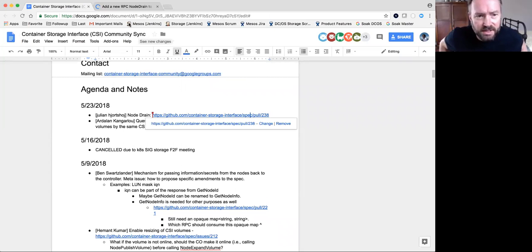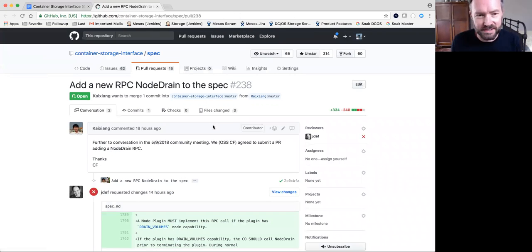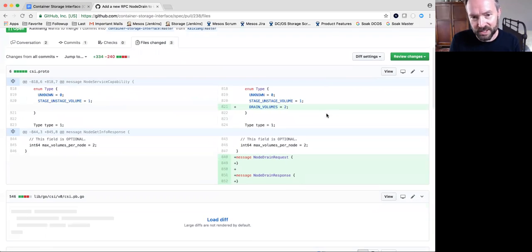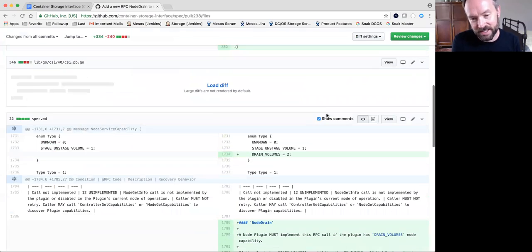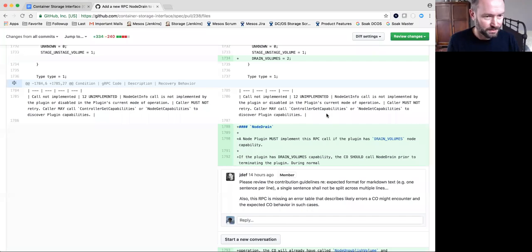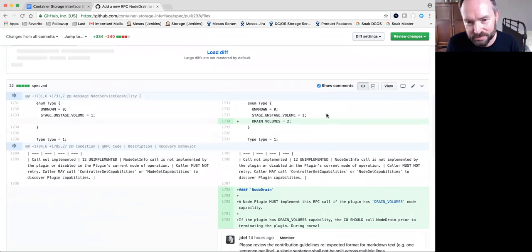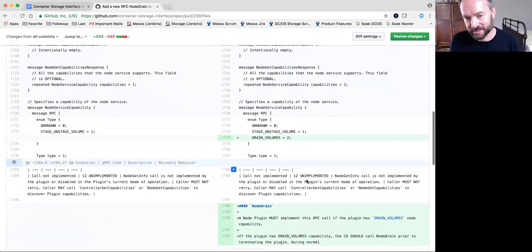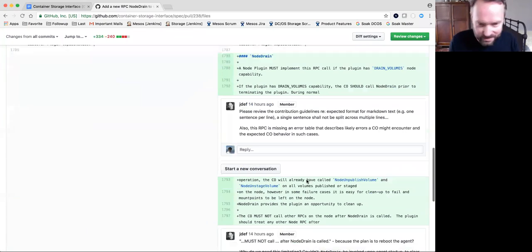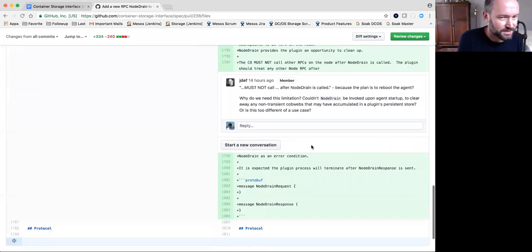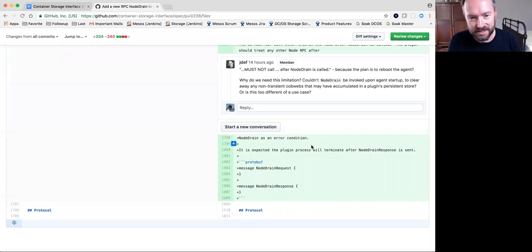Yeah, so this is basically adding a new RPC to the node plugin that provides drain capability. And the idea is, with some kinds of volume drivers, particularly with Fuse, all sorts of strange things can go wrong. You can have a volume that's in use in some way, so it doesn't terminate cleanly, and often you end up with leftover mount points.